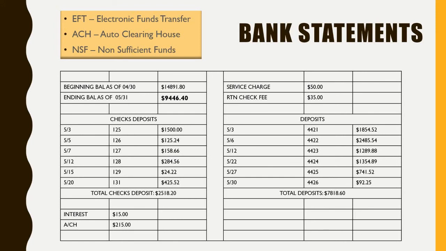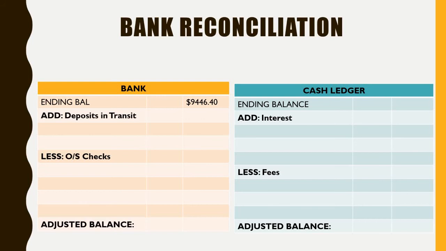In this case, I'm looking at May 31st. We're going to check that my ending balance in my bank statement is $9,446.40. So I'm going to place that information right there.